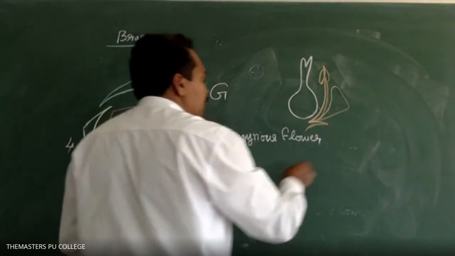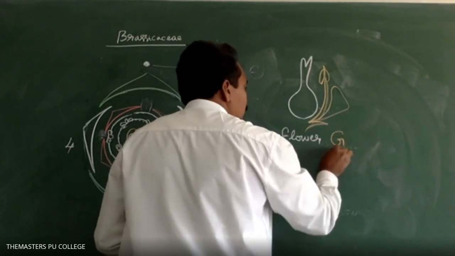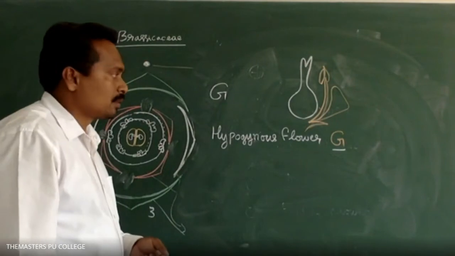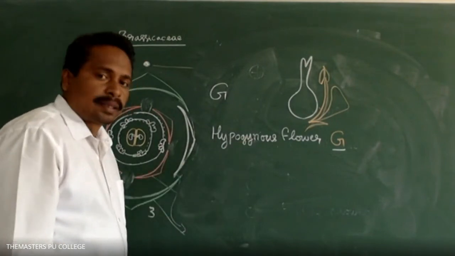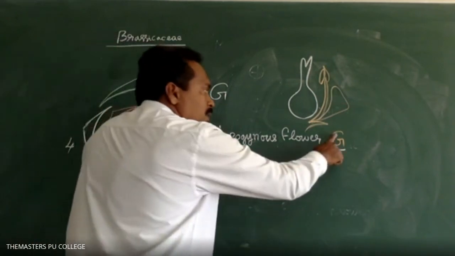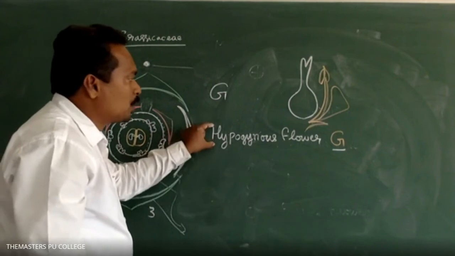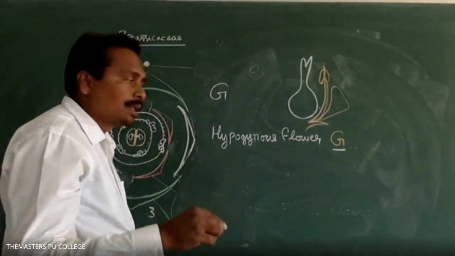The hypogynous flower is denoted with an underline. You should write the underline. Underline the G denotes the hypogynous flower. So the ovary is superior.